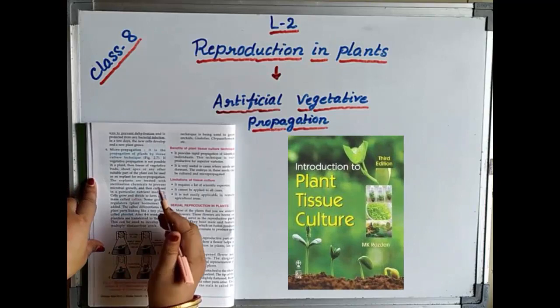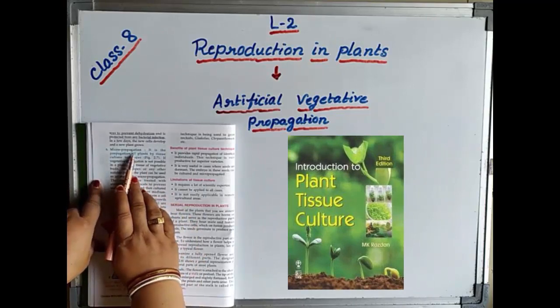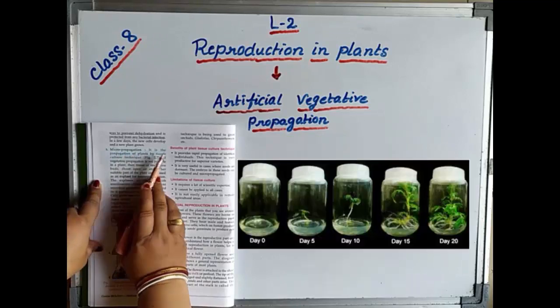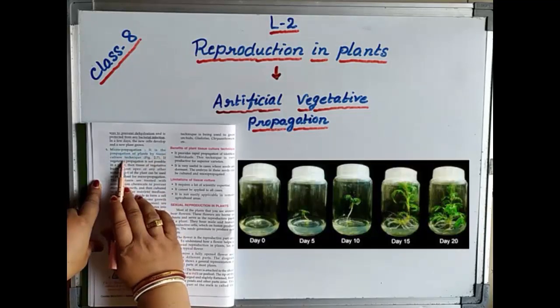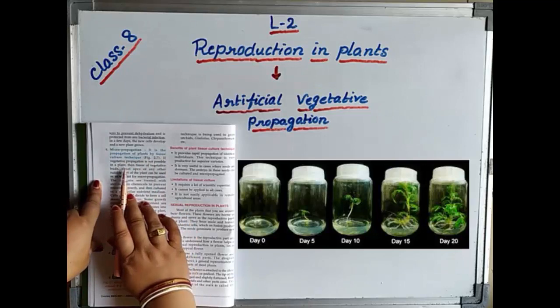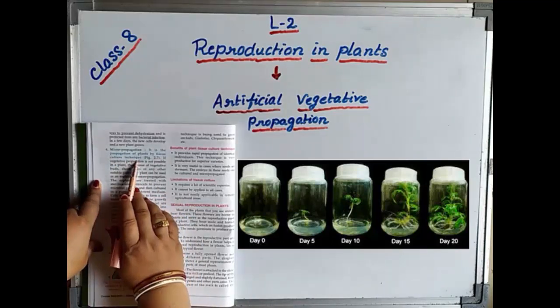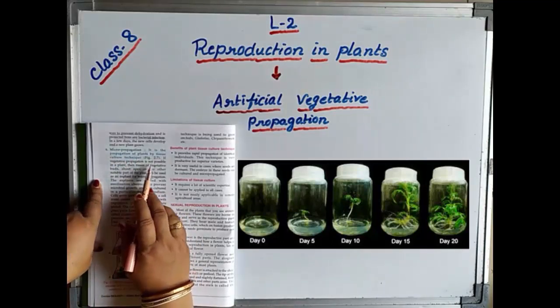Now coming to the last process, that is micropropagation, because tissue culture comes under micropropagation. It is the propagation of plants by tissue culture technique. If vegetative propagation is not possible in a plant, when the other three are not taking place, then we will do tissue culture of vegetative buds. How will it be done?